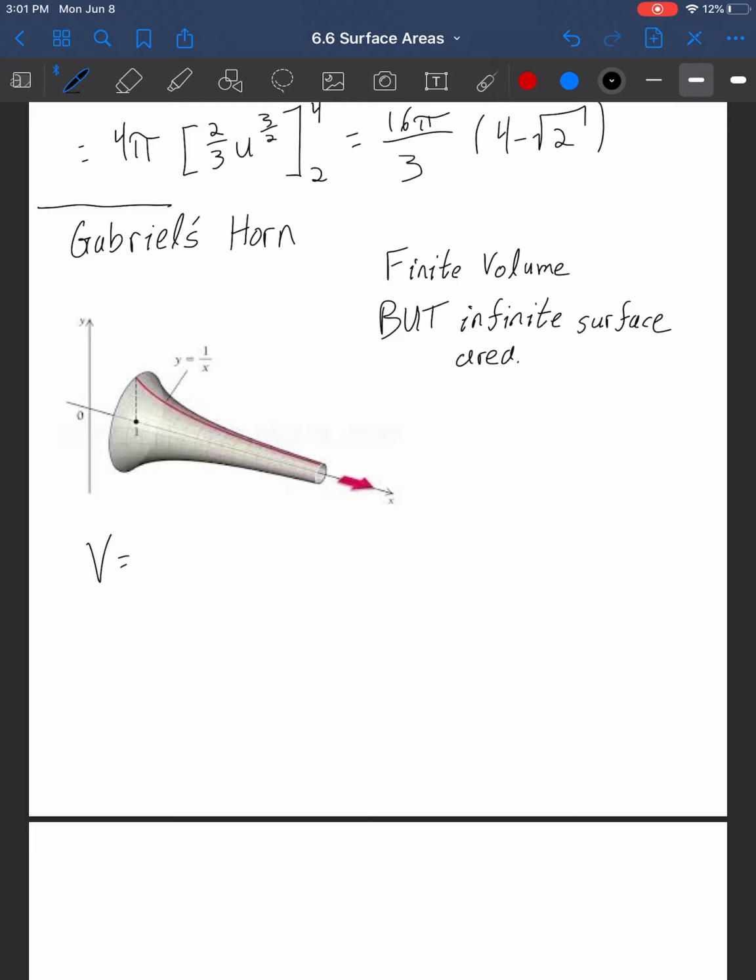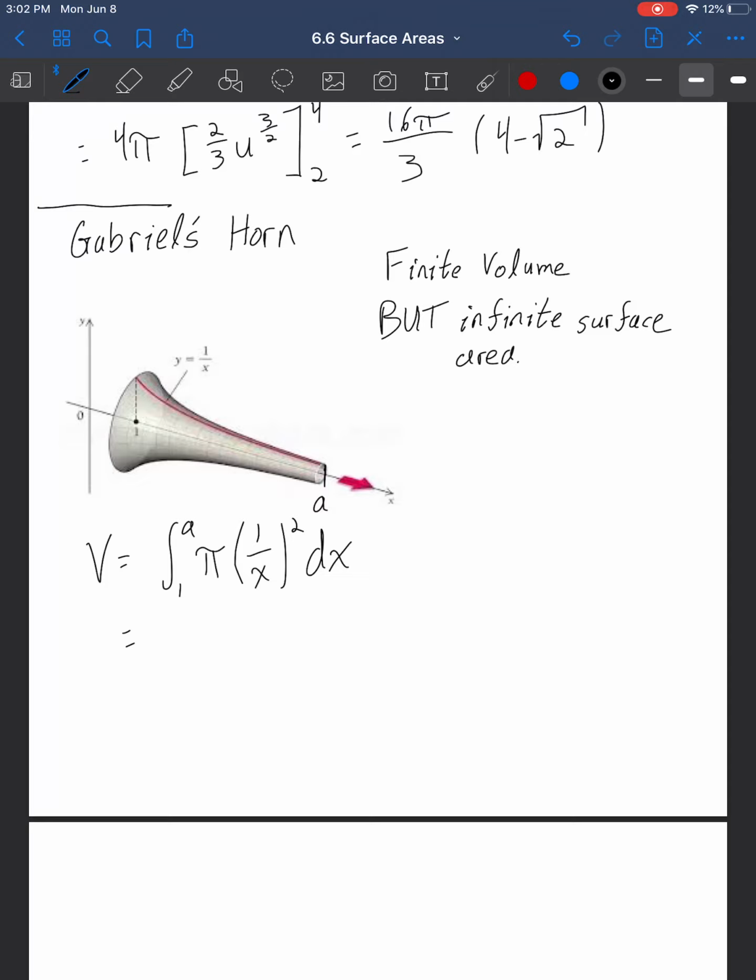So if you recall the formula for volume, and we're going to take this from 1 to a and see what happens when a gets really big. So volume is going to be the integral from 1 to a of pi times 1 over x squared dx. Okay.